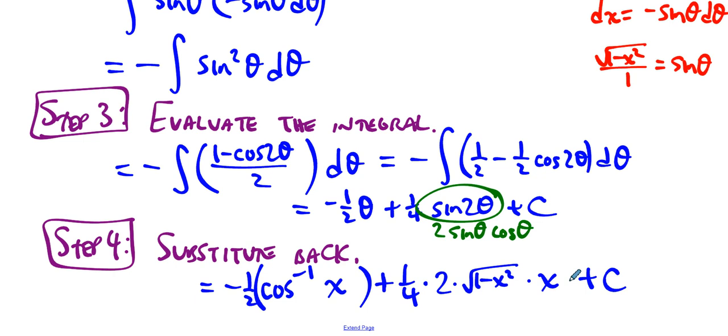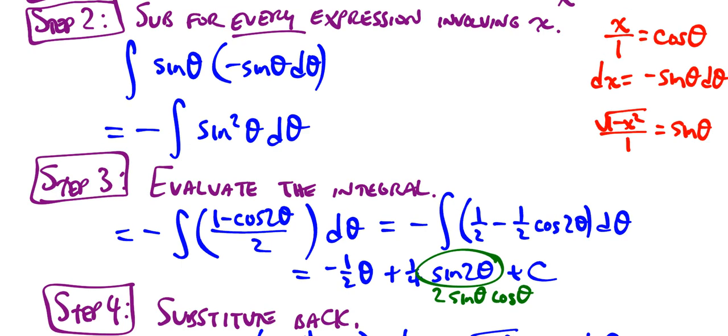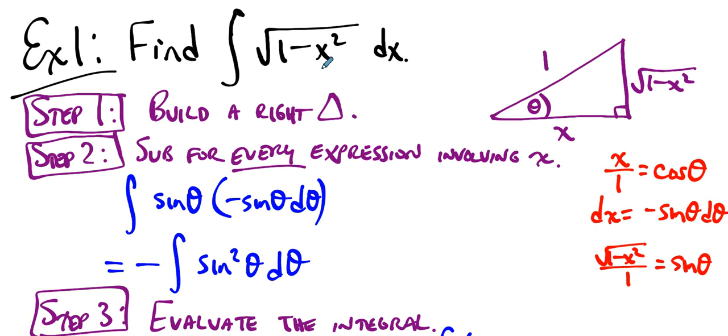We use trigonometry to figure out something that has a radical in it where that radical could be the side of a right triangle. So recapping, we build a right triangle, one of whose sides is the radical expression in our problem.